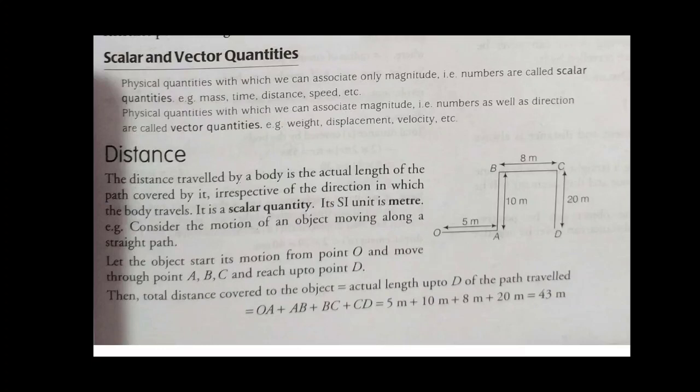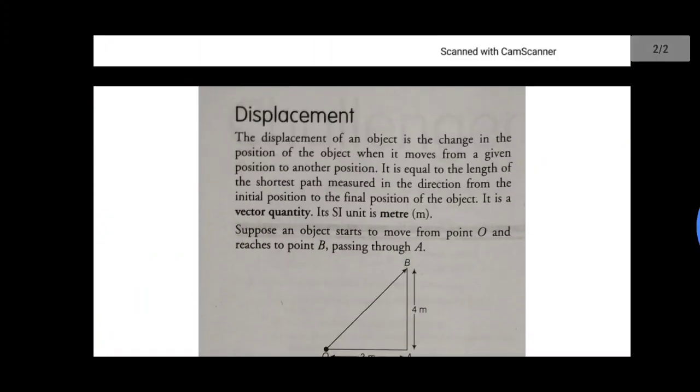So the total displacement will be 13 meters. Now displacement is a vector quantity because in displacement we are considering direction with the path we have traveled. With the magnitude we are considering direction also.